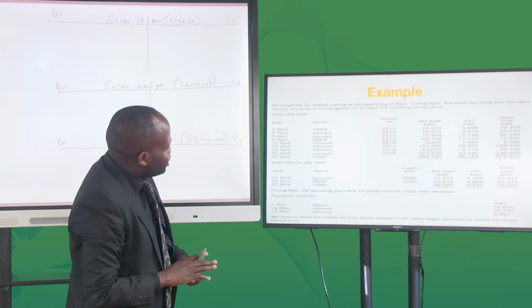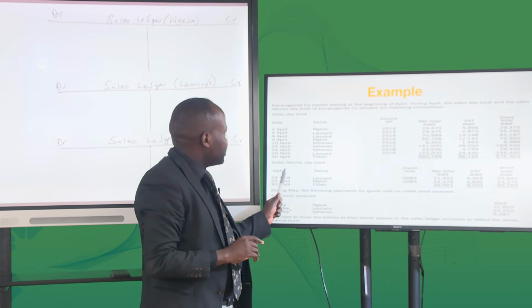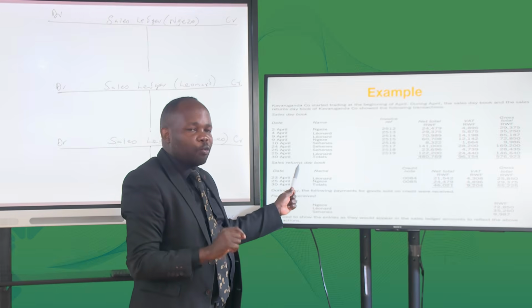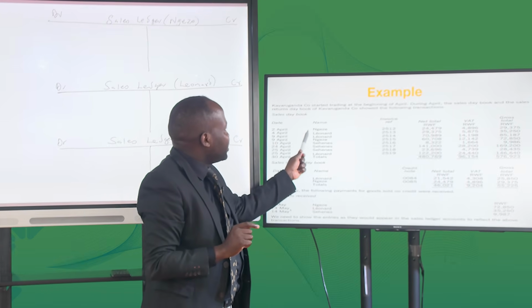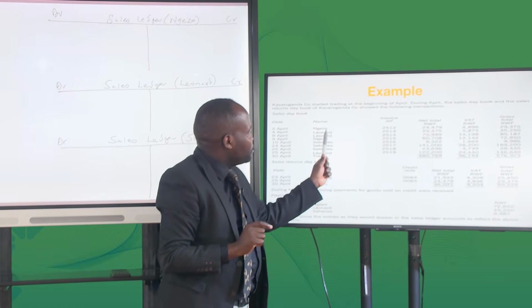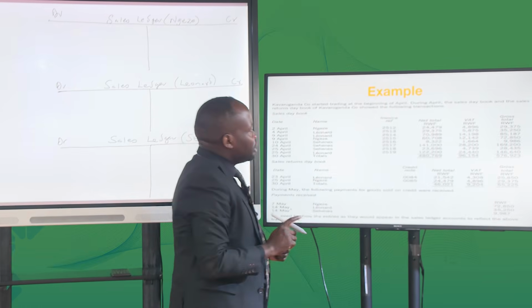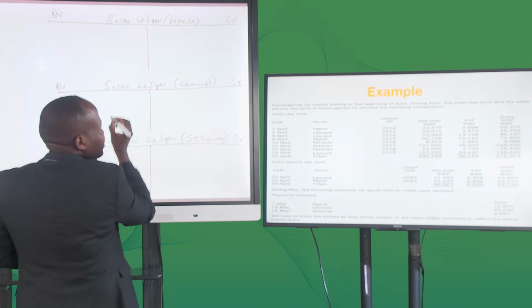Now, the transactions have clear dates provided. So let's start with the first date in a sales day book, which shows what was sold. So on 2nd April, we sold to Ngeze, we show the gross amount, 29,375. So Ngeze is the first client.